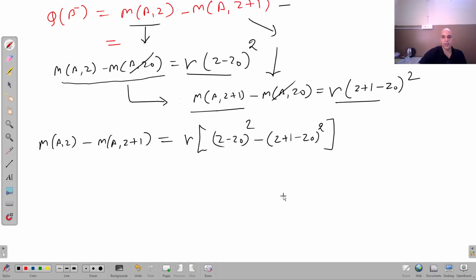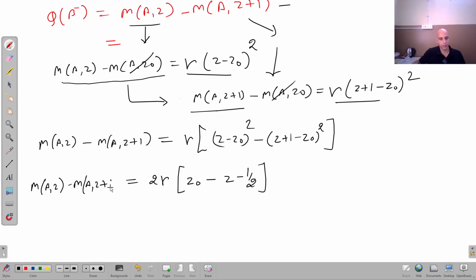Now when you simplify this after expansion, I am writing it directly, you will get 2 times gamma into (Z0 minus Z minus 1/2) equal to M(A,Z) minus M(A,Z+1). So this is the energy of transition, we can say the Q value of this beta negative decay.